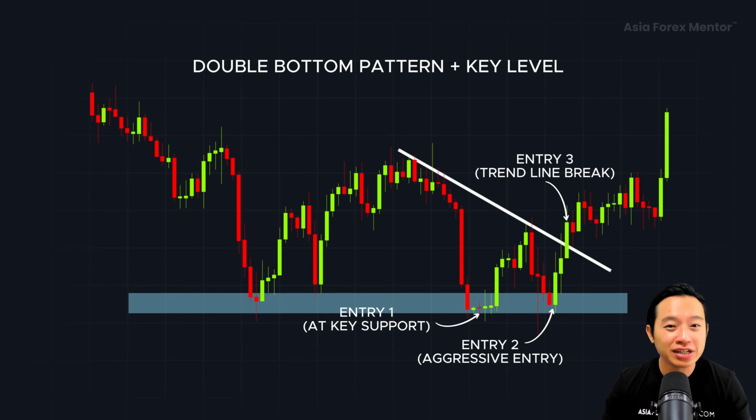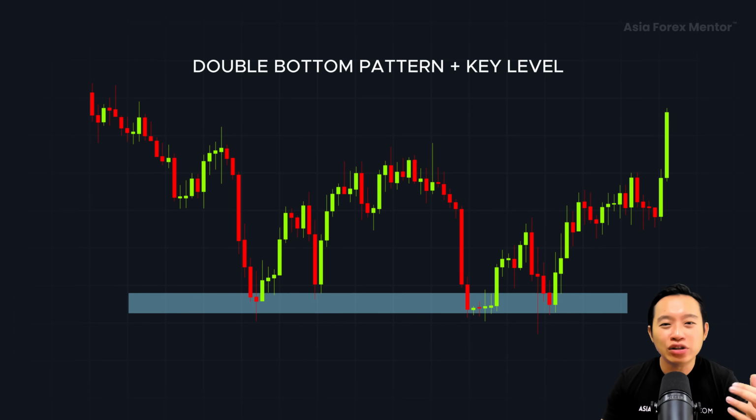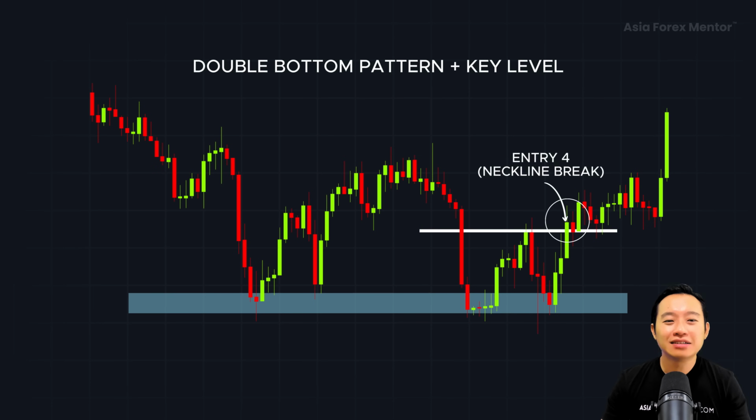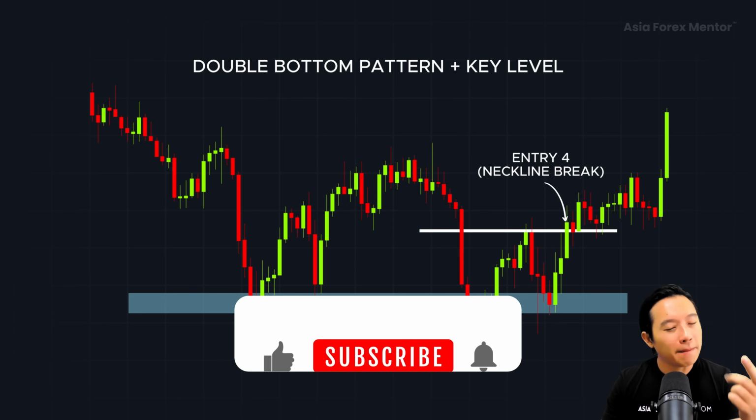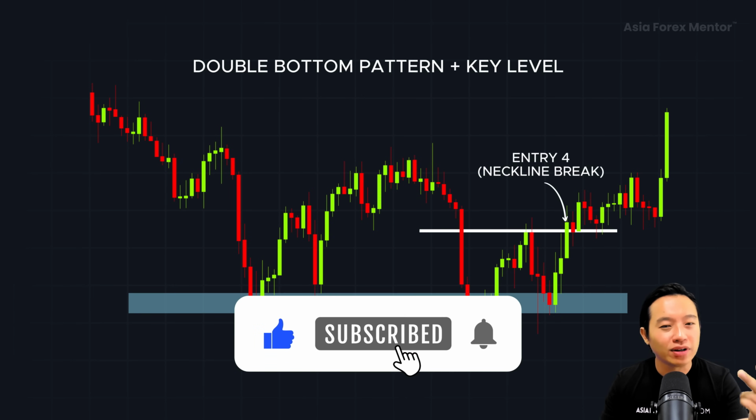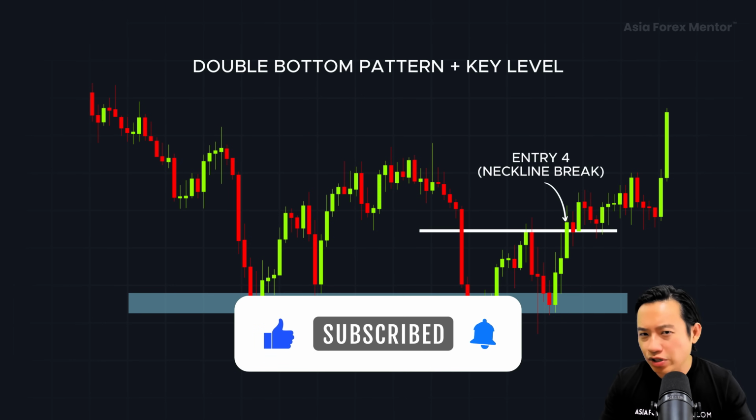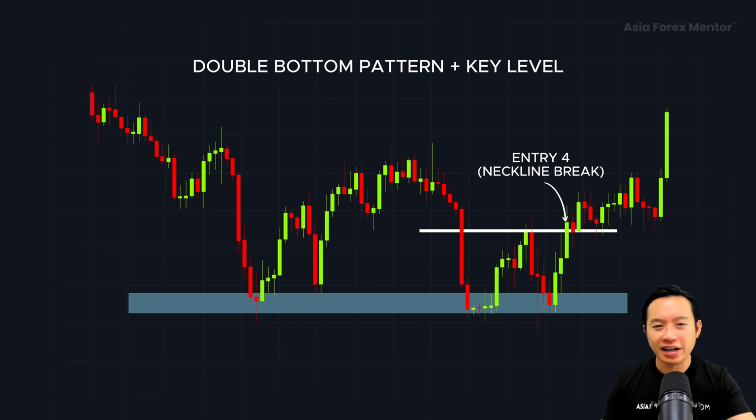Then other traders wouldn't enter until after the double bottom pattern is formed and the neckline break here. They are all correct, right? Just different entry points based on your trading style and also based on something that you're comfortable with, based on the risk to reward ratio, based on your backtest that you have made for that specific pair, and so on and so forth. Let me give you another example.